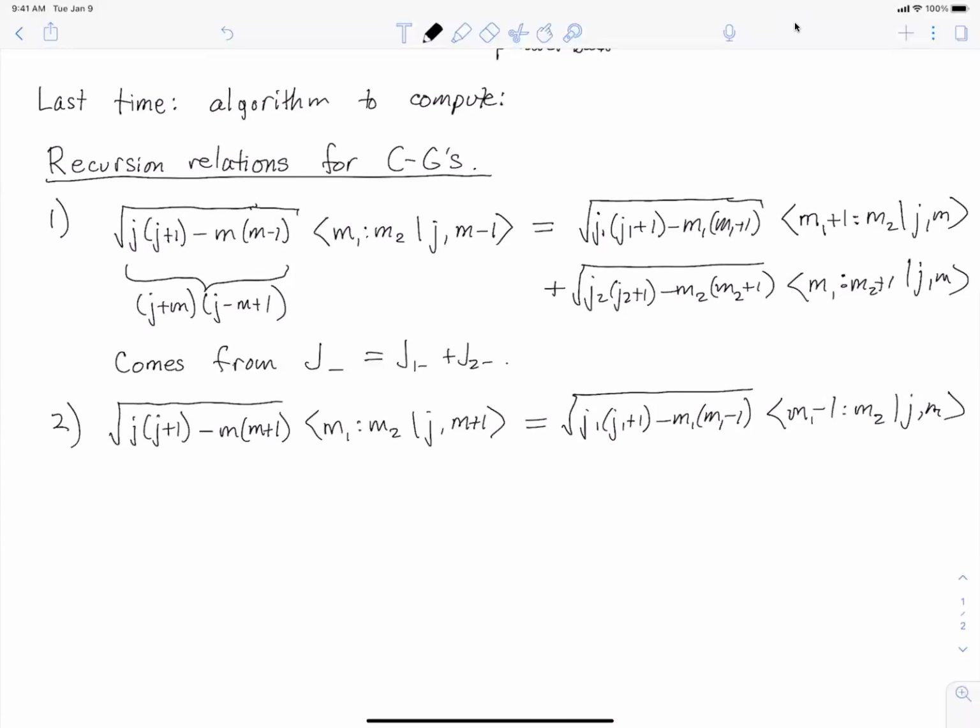Then there's another term, where J2 instead of J1 gets changed, and it looks like this.